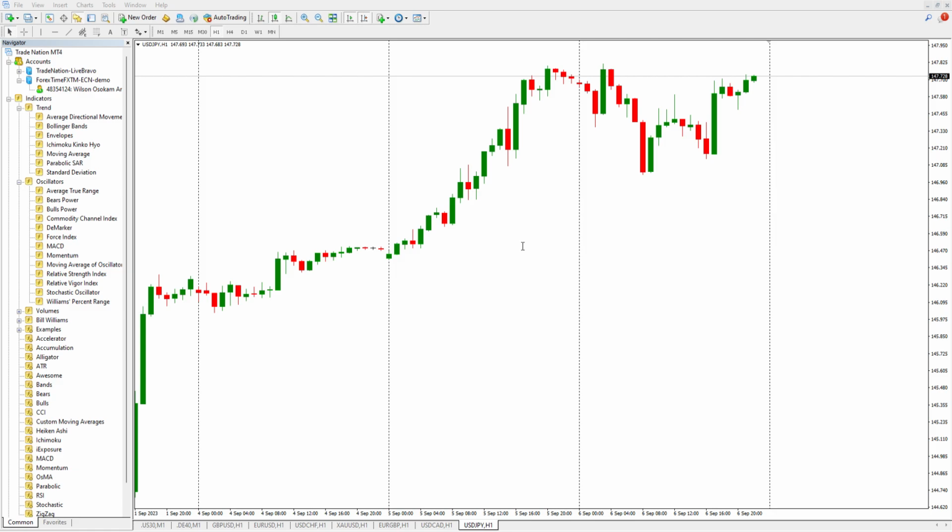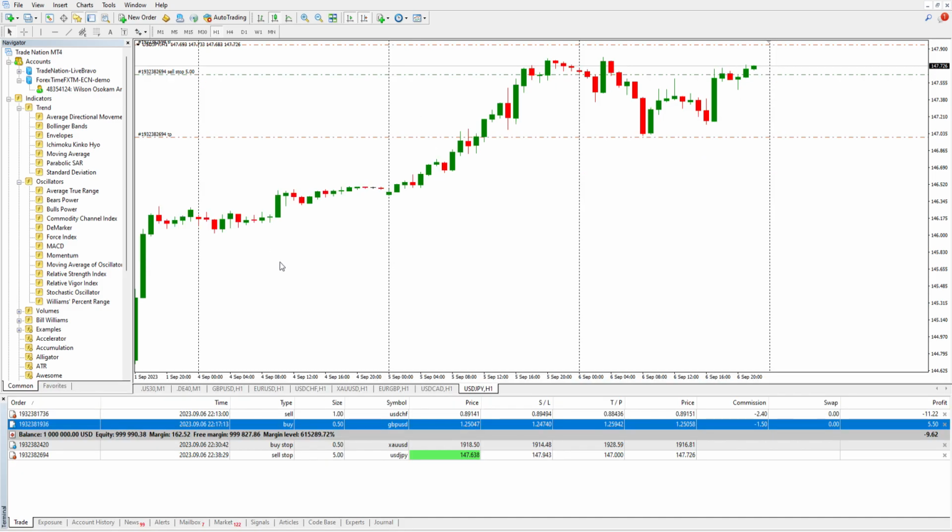Our stop loss is 147.943 and our take profit is 147.470. I'll place it and boom, it's in. The trade, like I earlier said, will not be executed because it's a pending order. As we can see, it's still not active.